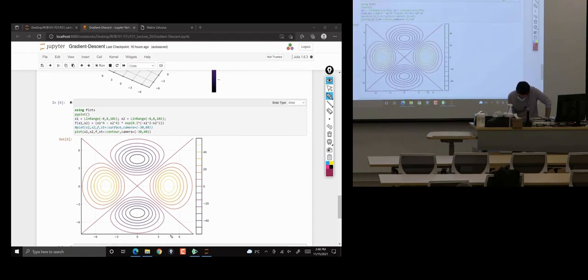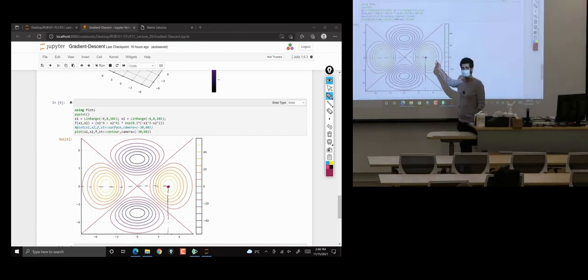So if this is 4, 5, so 4.5 and 0, right? It's this peak. So I could maximize my function successfully. Now you can go ahead and remove the negative sign. You should find one of the minimums for you.